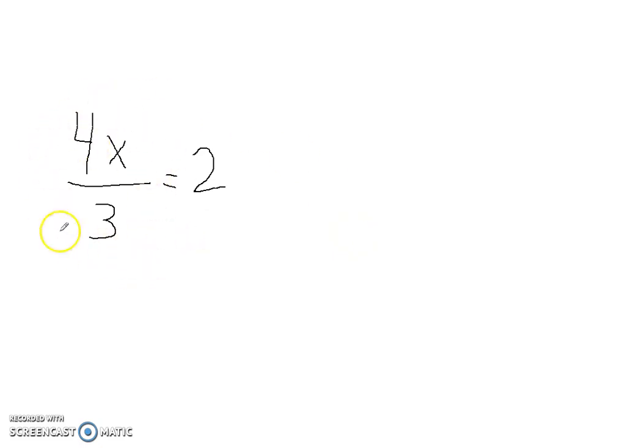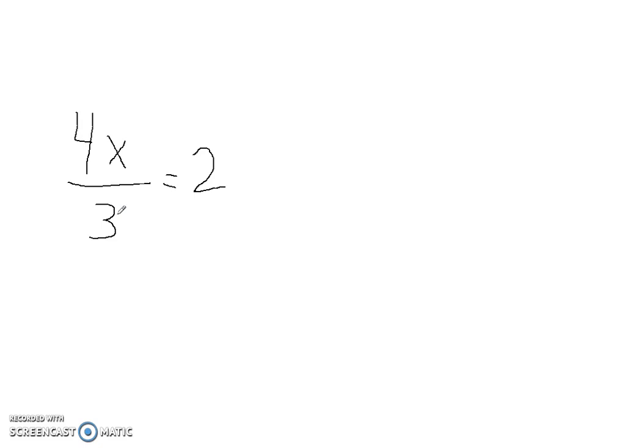But people just seem to not like anything that's written like a fraction. But what we can do is say again, x is the variable, and we want to say, well, what's cramping x's style? Well, the 4 is definitely cramping x's style, and the 3 is cramping x's style.